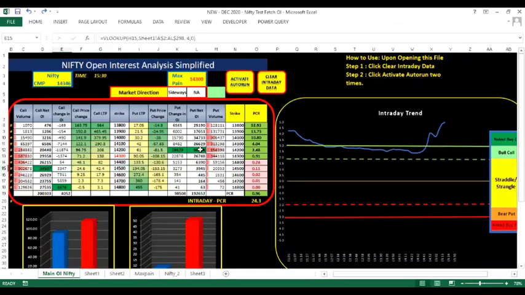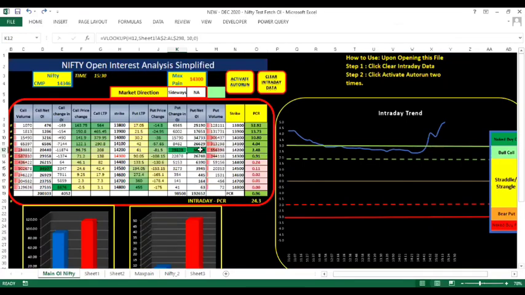Then on the left hand side, if we see the call data, during the day yesterday, the maximum call writing at 5:30 when the data was refreshed was at 14,800 levels. While on the put side, the maximum put writing was happening at 14,200 levels.